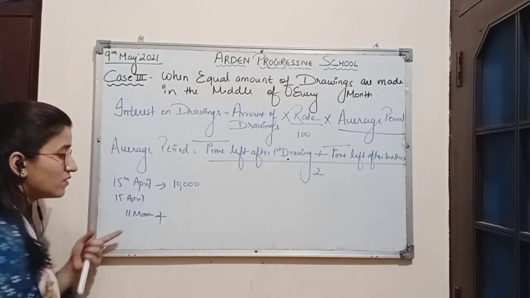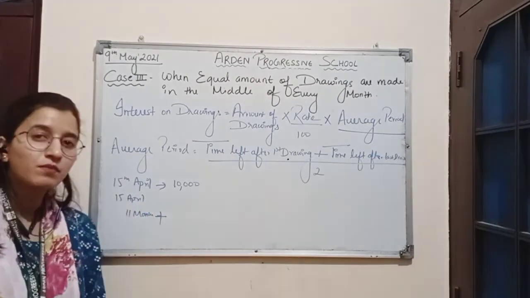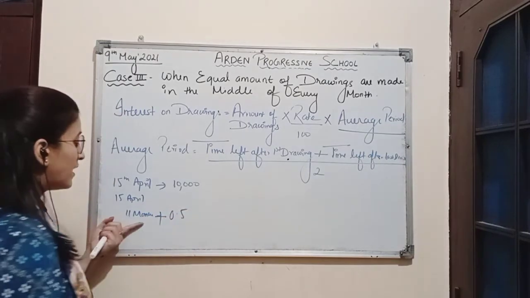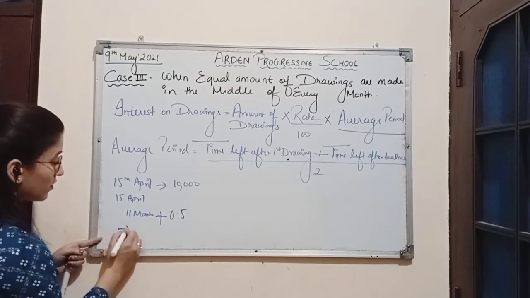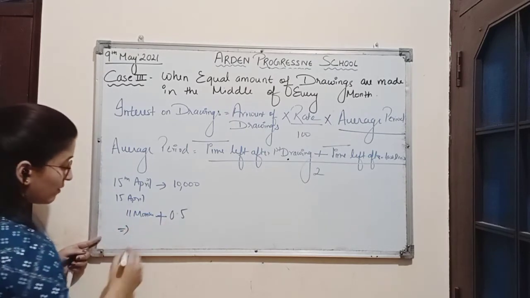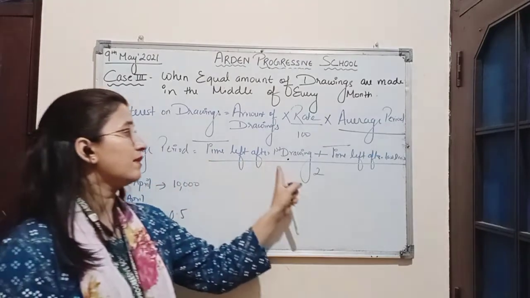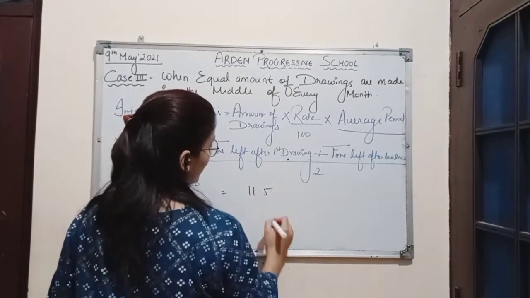So 11 months will be the remaining months after April, but half of the April will also be included. So half month will also be added in the remaining time. So here 11 plus 0.5 will be 11.5. That means the time left after first drawing will be 11.5.